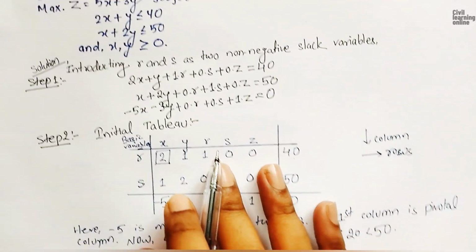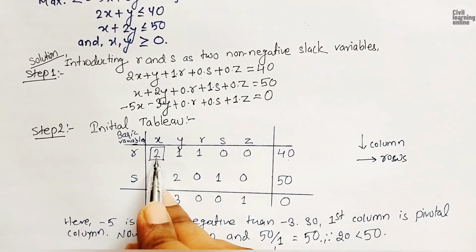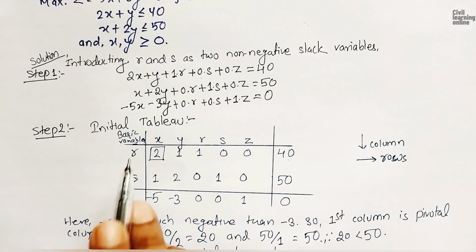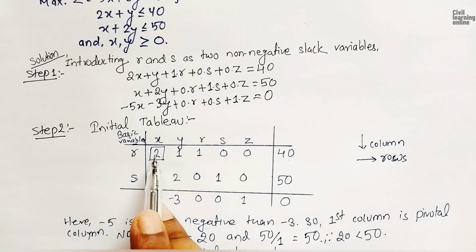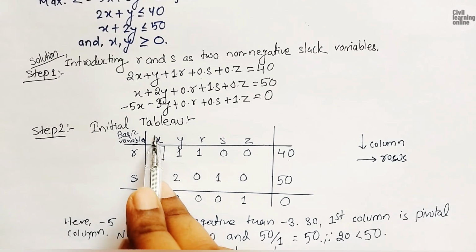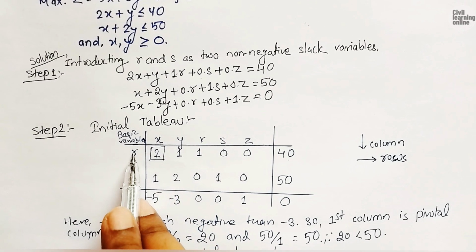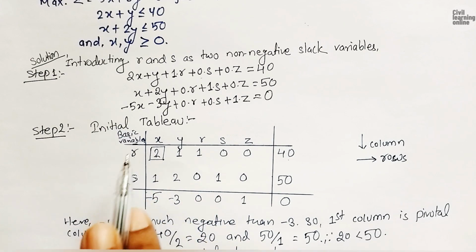After getting this pivotal element we have to change this R and S. Suppose we have got this pivotal element 2 and the corresponding variable is X, so this R will be substituted by X here.